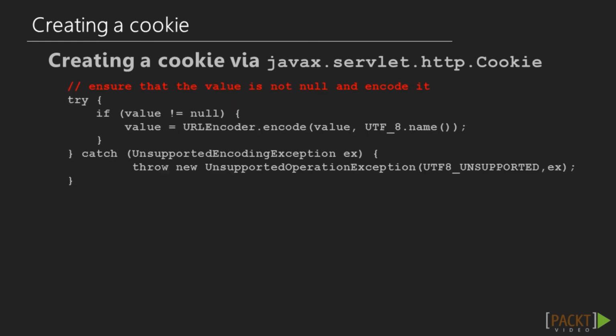Further, we ensure that the value is not null and we encode it. We need to encode the value in order to avoid undesirable results, such as cookies with white spaces getting encoded on the client machine. If the name and the value are valid, then we can create the cookie instance via the constructor of the Cookie class.